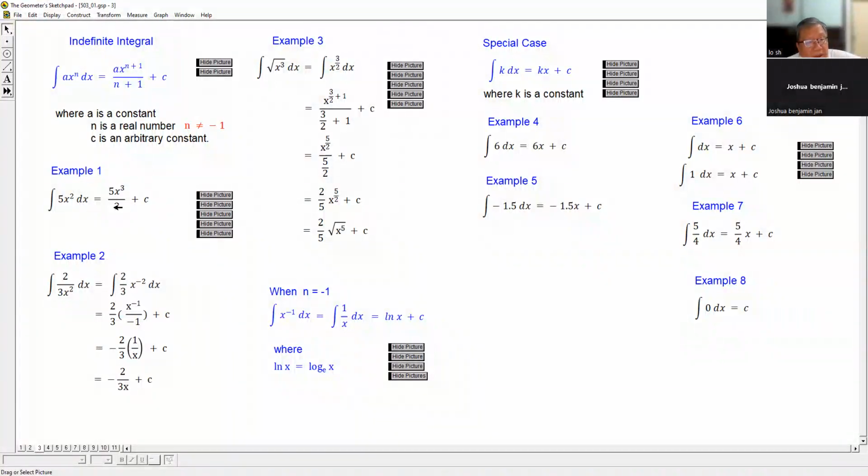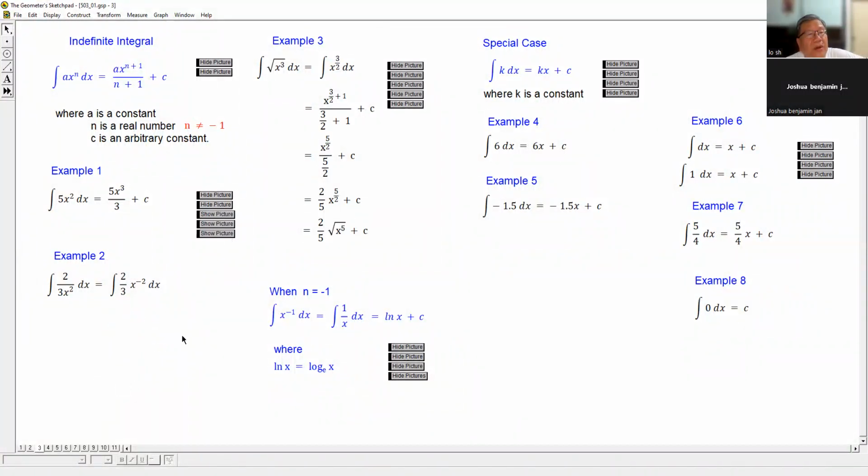Then you divide by the new power, the new index, 3. Then plus the arbitrary constant c, because we don't know the original function. So we don't know what is the constant there. So we just put a c there to represent there is a number, but we don't know what the number is. That is the meaning of c.